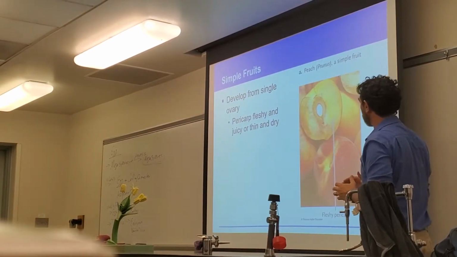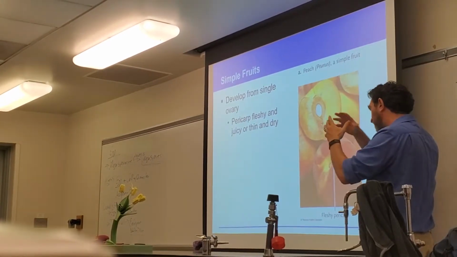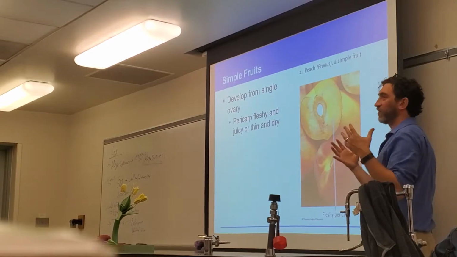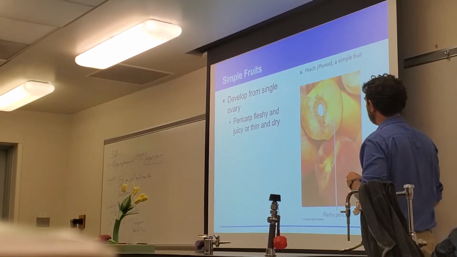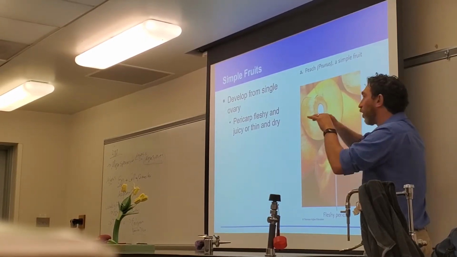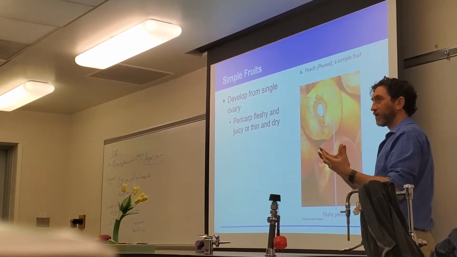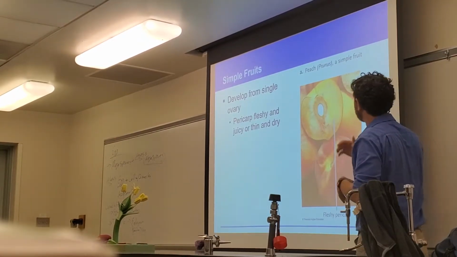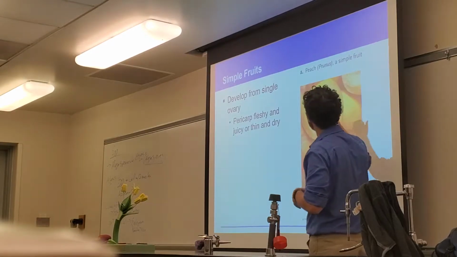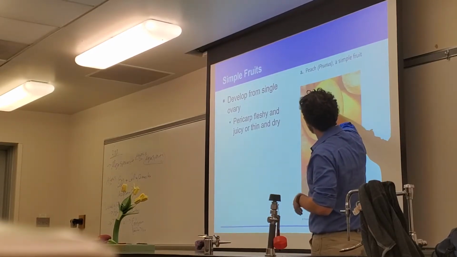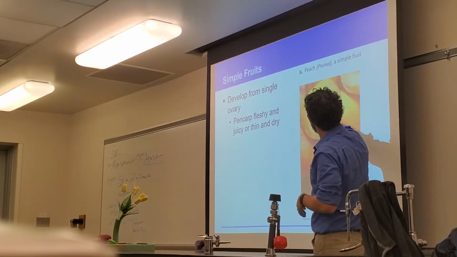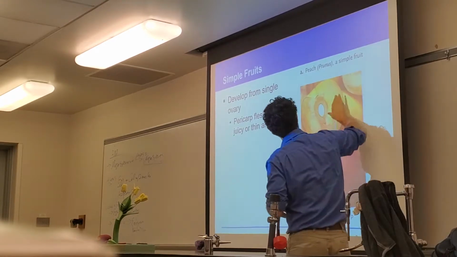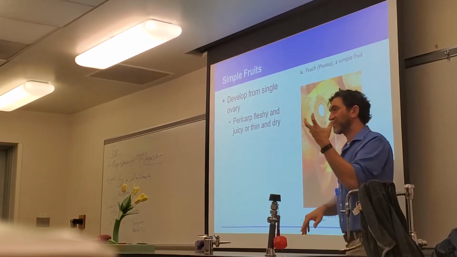What's happening in the ovary? Remember, the ovary becomes swollen. It totally varies from plant to plant. So in a fruit, that ovary becomes swollen. The plant pumps all these different juices in it. For example, in a peach, a simple fruit, you've got the seed in the middle with the embryo and the endosperm, and then that pericarp around here, that's what we eat.